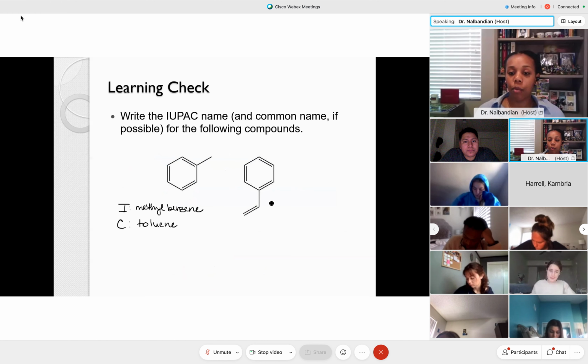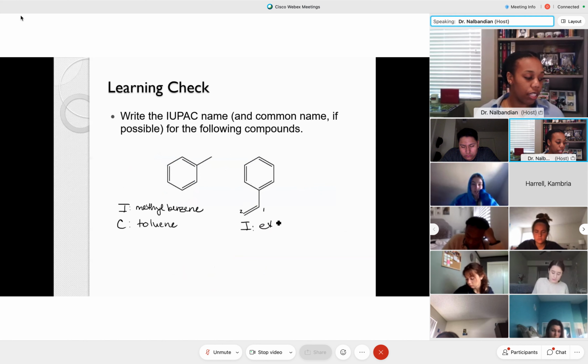For the second one, a 2-carbon chain, no number needed in the beginning if there is only one thing attached to the benzene ring, and no number needed for your substituent because there are only 2 carbons in that chain. So no number needed for where the double bond is, and no number needed for where the substituent is.